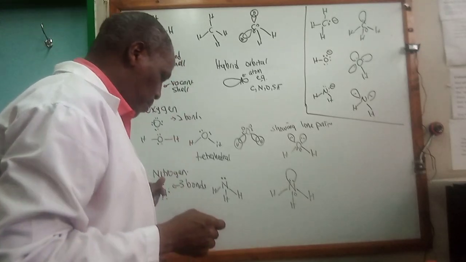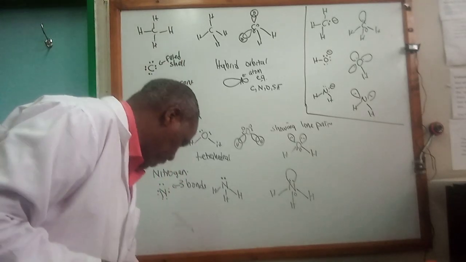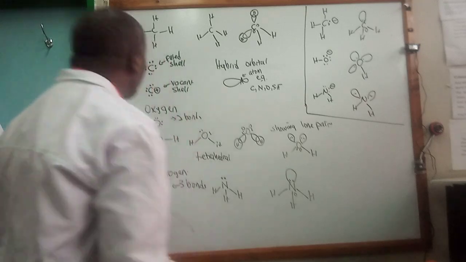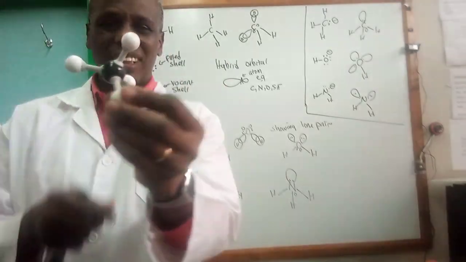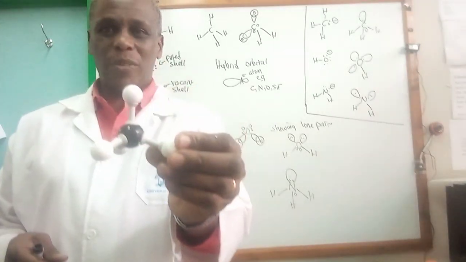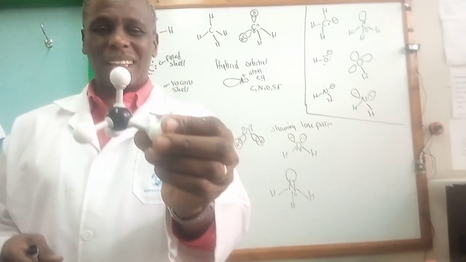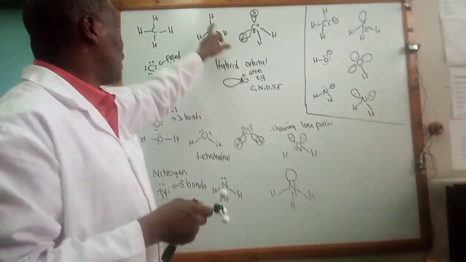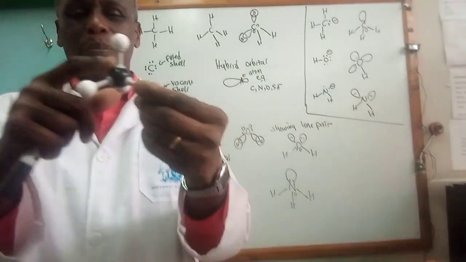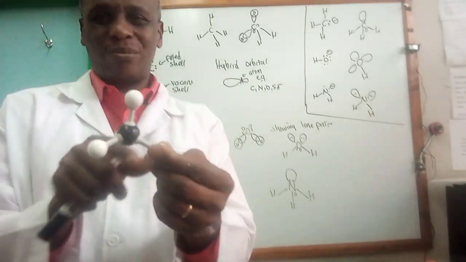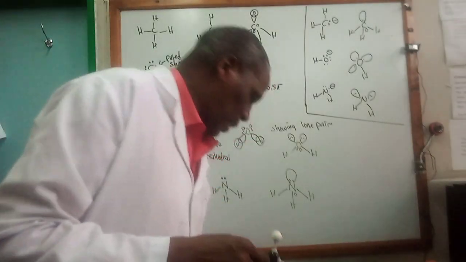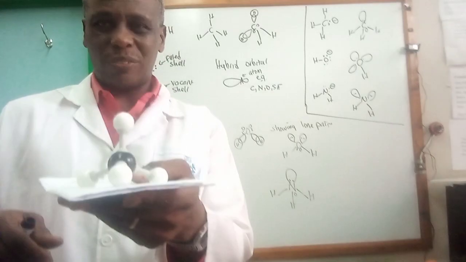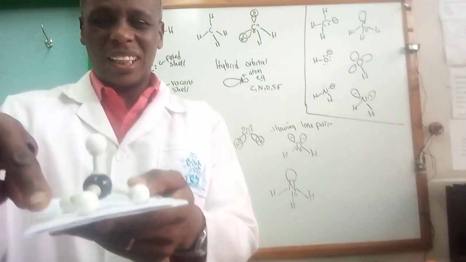For example, can you see on the board this tetrahedral molecule, which I'm going to show as methane? The bond angles are 109.5, and it's tetrahedral.